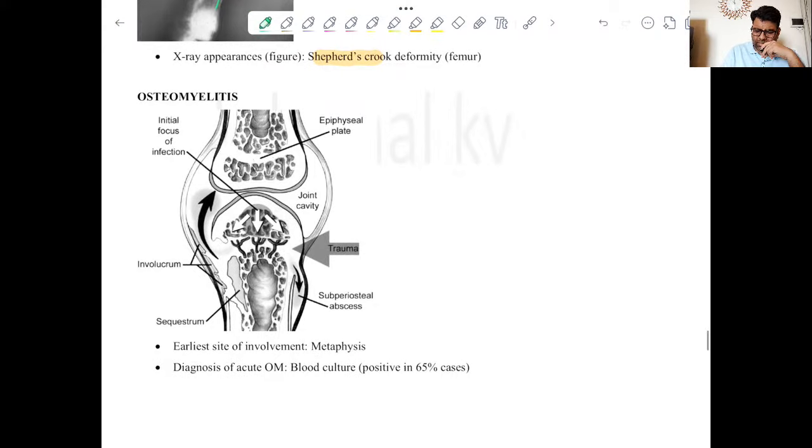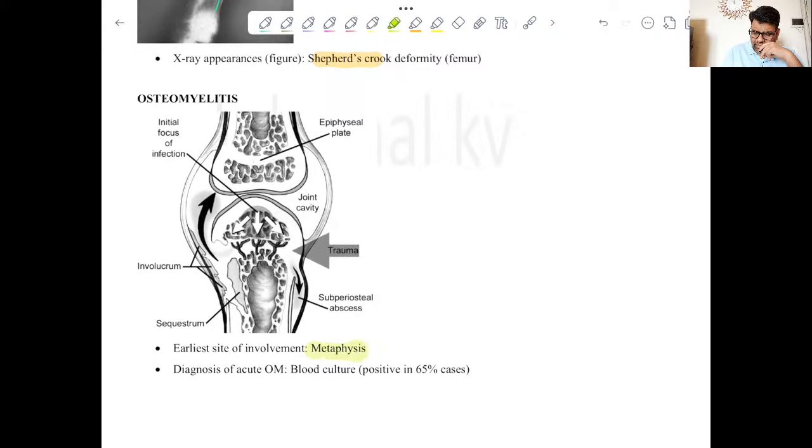Then osteomyelitis, it usually starts in the metaphysis. So this is all the metaphyseal area. And why metaphysis? Because of two reasons: hairpin arrangement of vessels, and it's a growing zone, so defective defense.